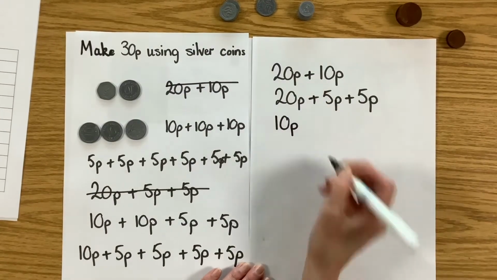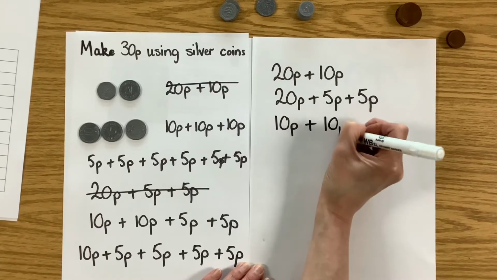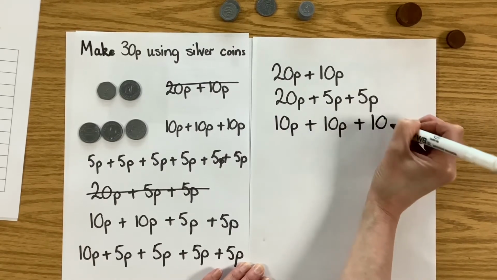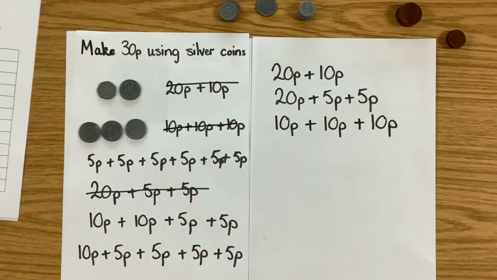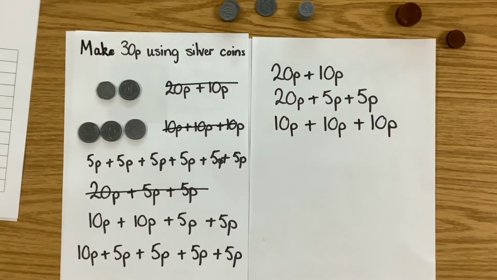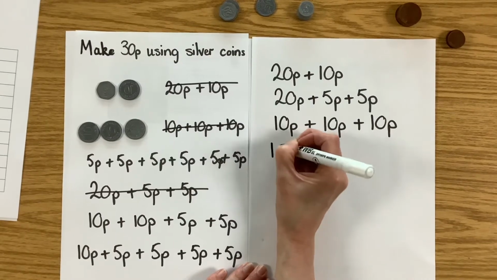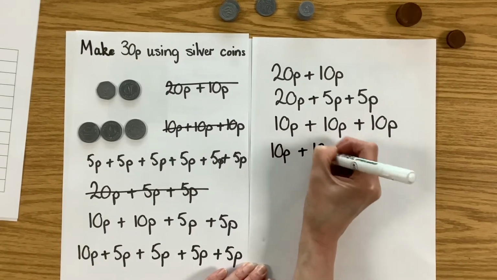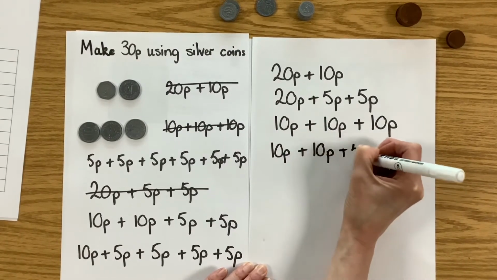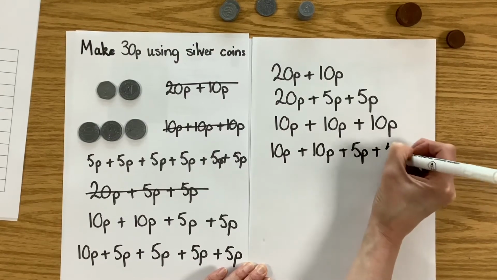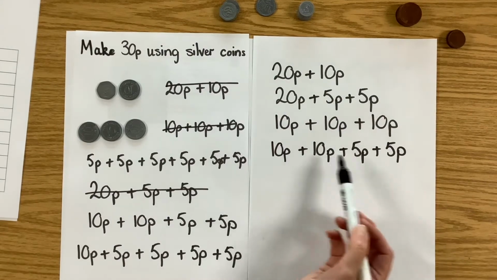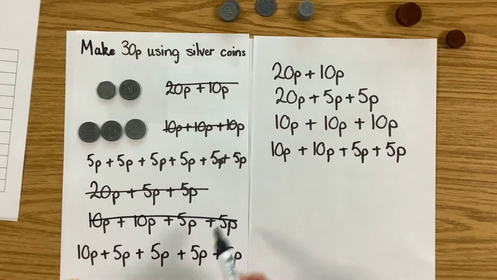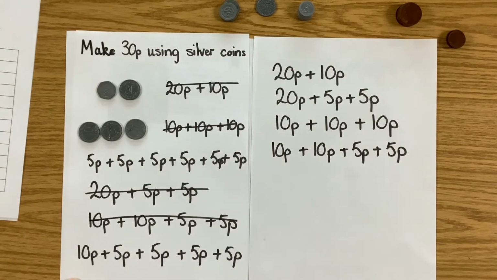Probably the easiest way with 10p at the start is just to do 3 10p's. So 3 10p's. What if I took that last 10p and I swapped it for 2 5p's? So what if I went 10p and 10p, but then swapped that last 10p for the 2 5p's? So there's 10p and 10p and 5p and 5p. Was there any other way to begin and have a 10p at the start?